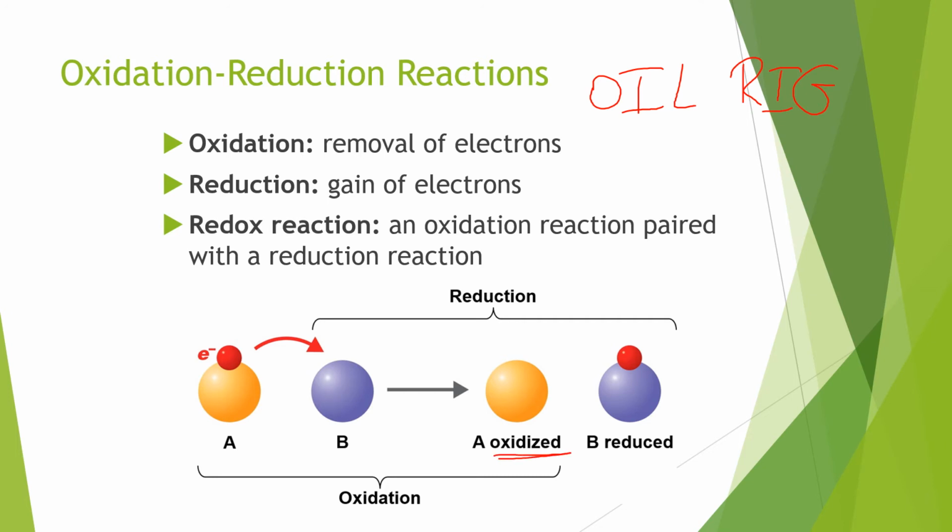So you can see right here, reactant A lost some electrons, so it got oxidized, and reactant B accepted those electrons and gained those electrons. So reactant B got reduced, meaning it gained those electrons. And so this reaction right here is known as an oxidation reduction reaction, or for short, we could just say a redox reaction.